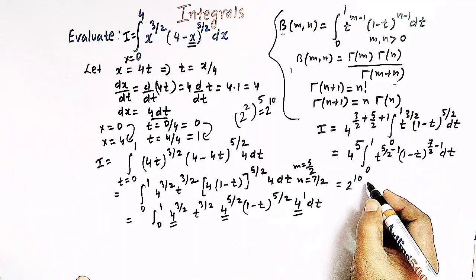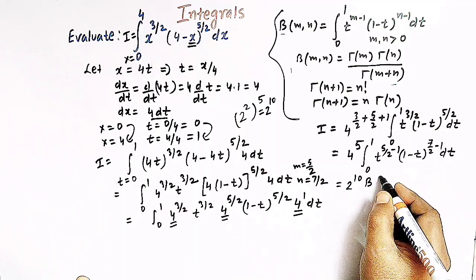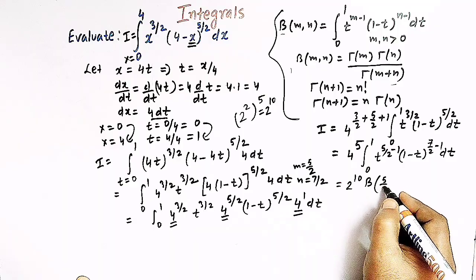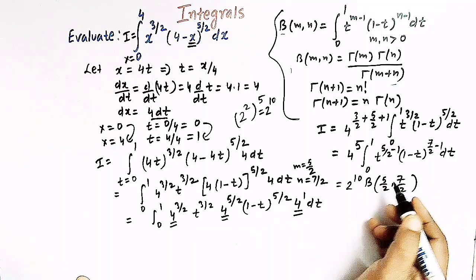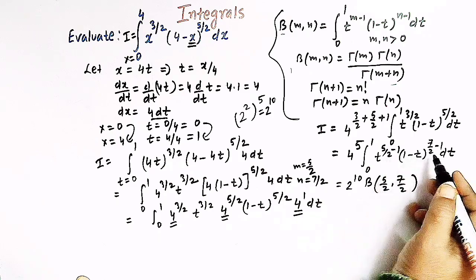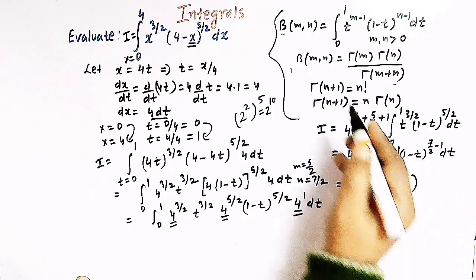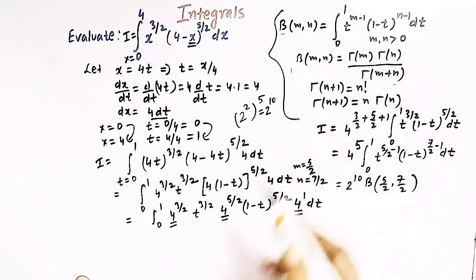So this integral is now equal to the beta function, that is beta 5 by 2 comma 7 over 2. And here it is quite obvious that 5 by 2 and 7 by 2 both are greater than 0 or positive.